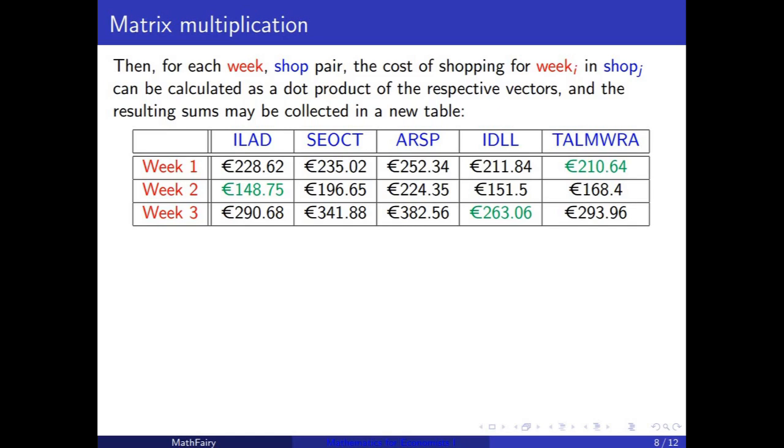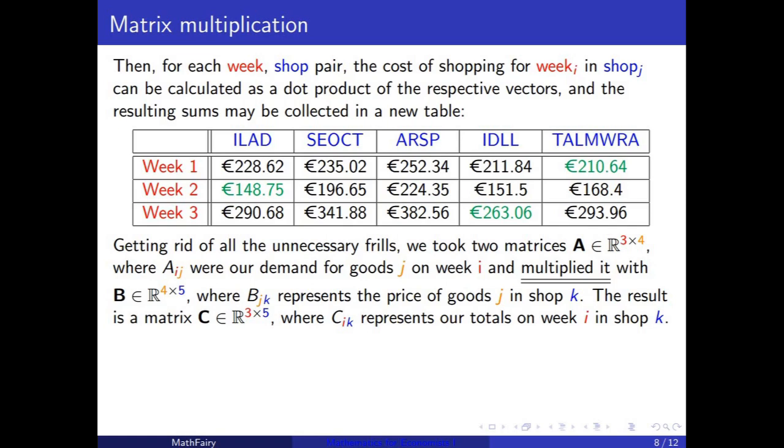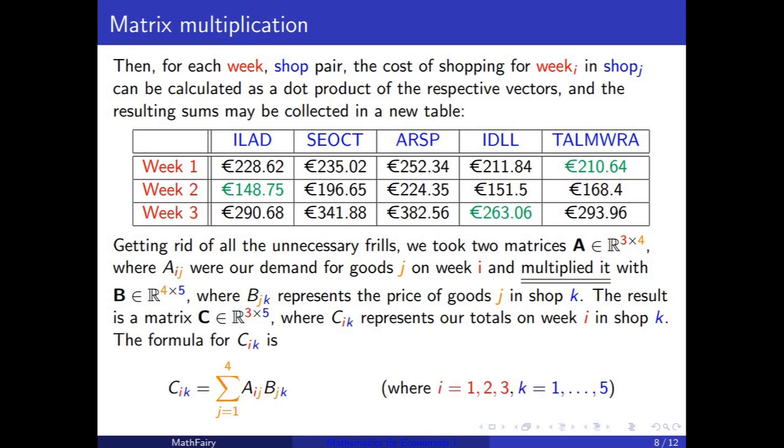So as a result, we got a new table which we'll call the product of these two matrices. Basically we took a 3 by 4 matrix A containing the week by week shopping lists and multiplied it together with the 4 by 5 matrix B. Notice that this 4 was common in the two matrices because it represented the number of items that we were interested in.